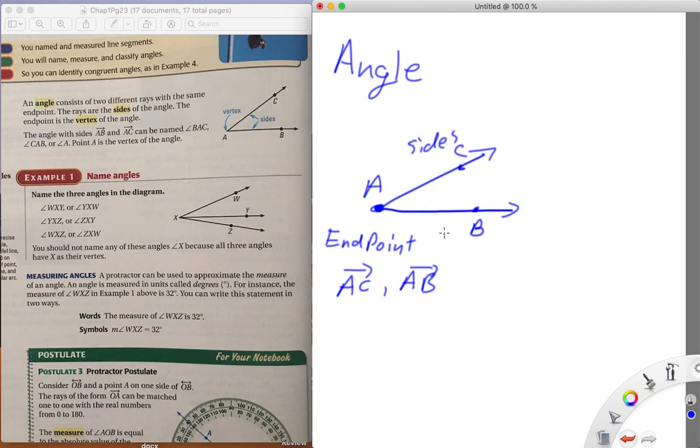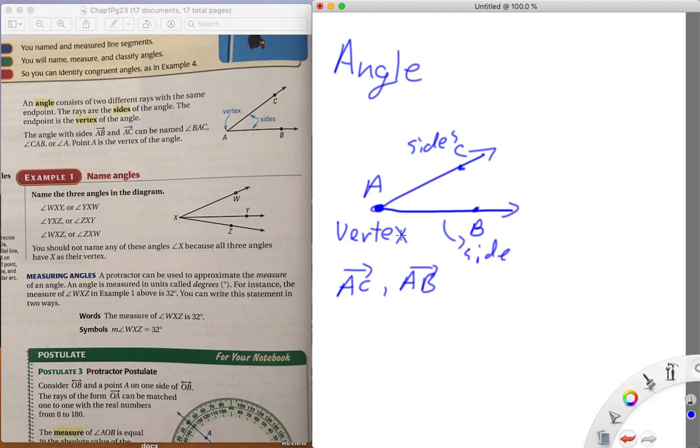That's a side, that's a side. The common endpoint that they share, we don't call it an endpoint, we call it a vertex. So the vertex of an angle is the common endpoint that they share, and it consists of two sides. The sides are the rays themselves of the angle.